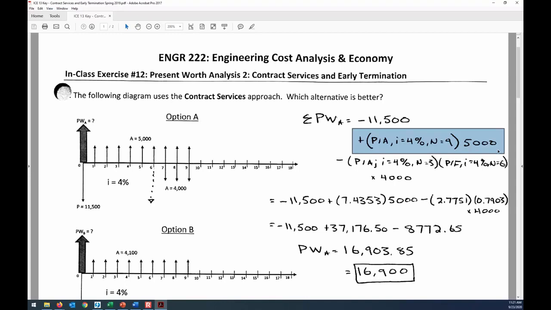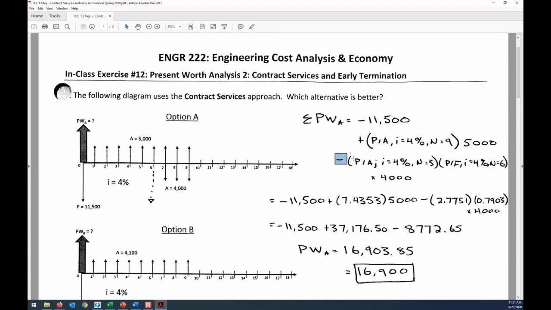So I'll do a P/A at 4% interest, n equals 9, and that factor that I look up is going to be multiplied by 5,000. And then this last step, minus, because it's on the bottom side of the cash flow diagram, it's an outflow.